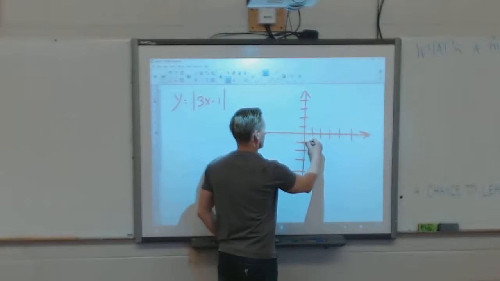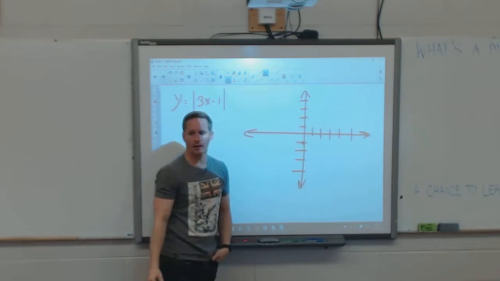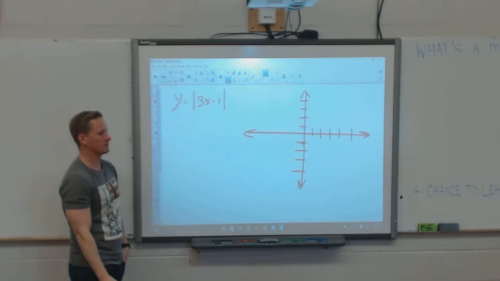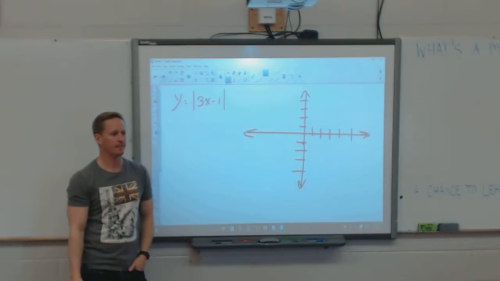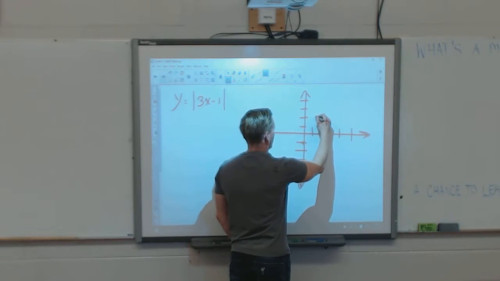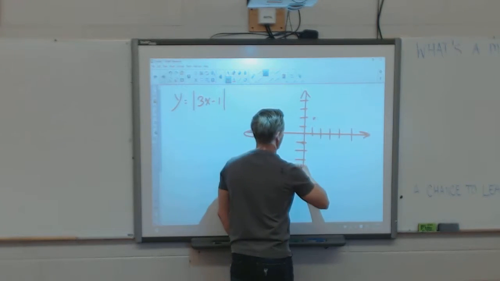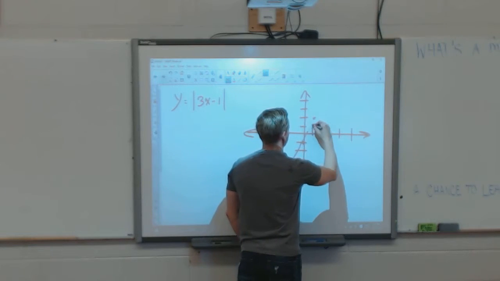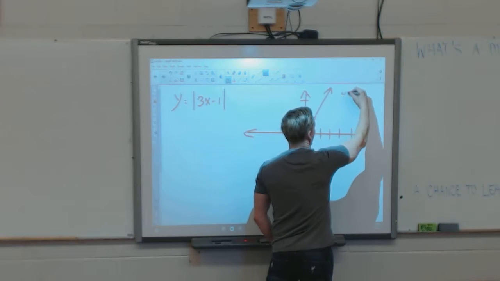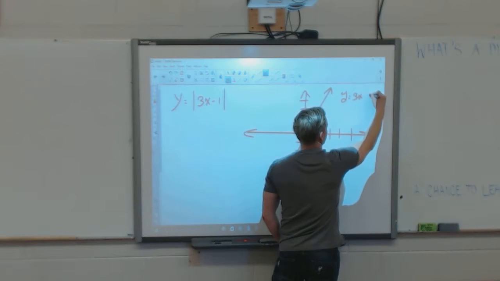There's my starting point, 0 and -1, right? Now where do I go from there? What's my slope tell me? Up 3, right 1, to right here. And now I'm going to draw this line like that. So this is the graph of y equals 3x subtract 1.